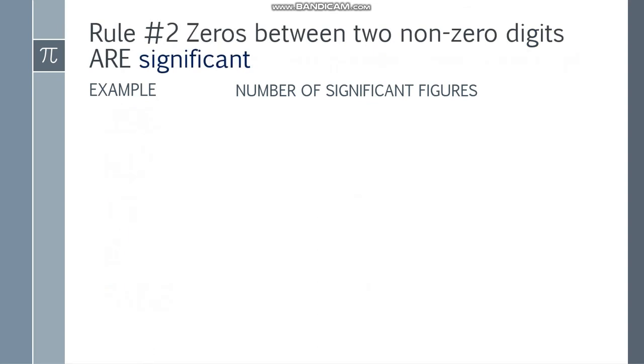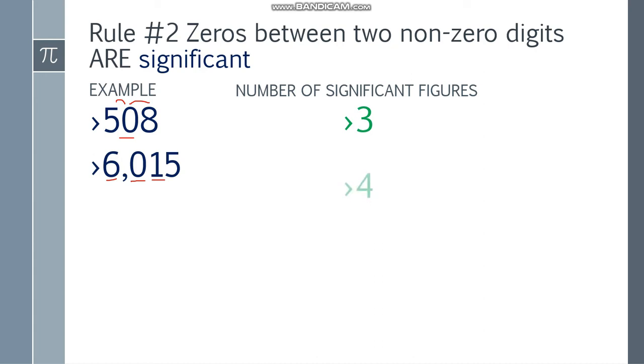Rule number two: zeros between two non-zero digits are significant. First one, 508. The zero here is in the middle of two non-zero digits, so the zero is counted as a significant figure. So 3. Next one, 6015. The zero is in between two non-zero digits, so count them all: 4. 1001.